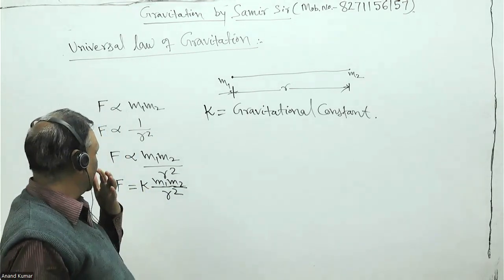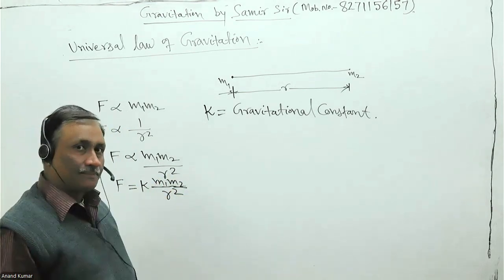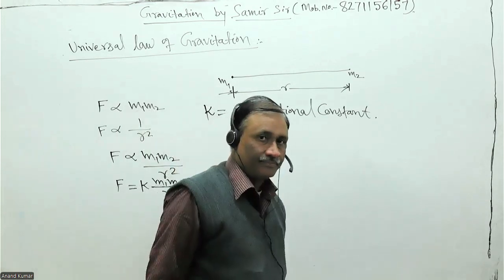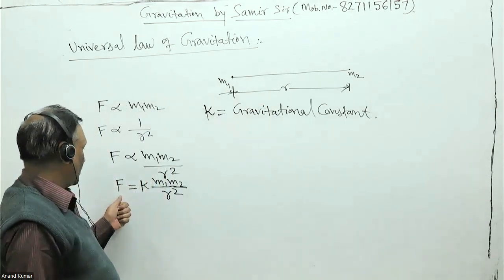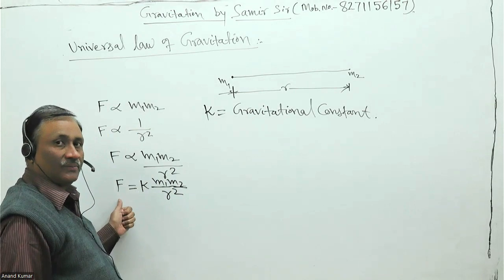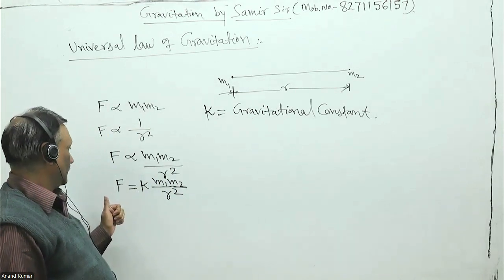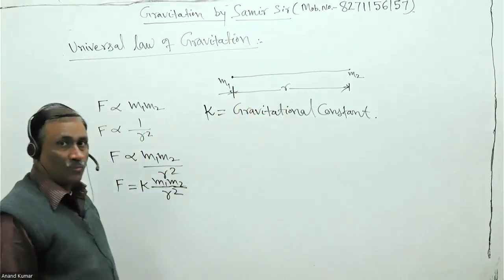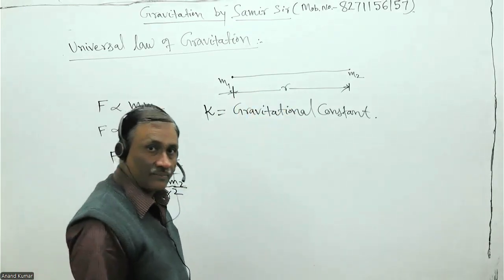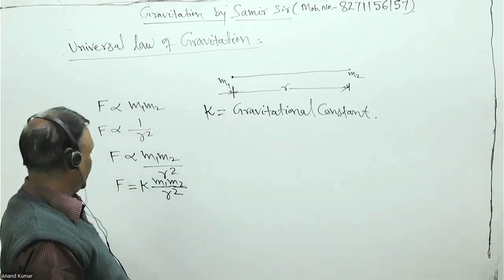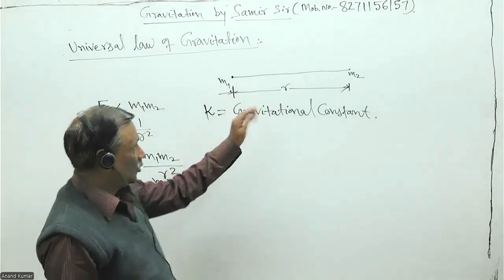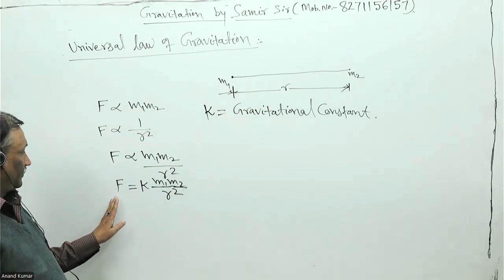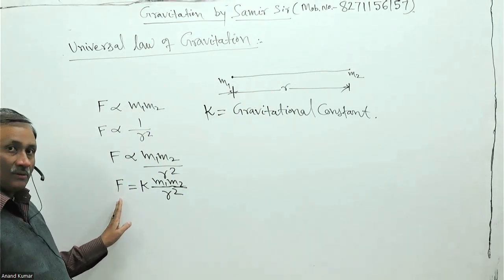The conclusion is that if the product of their masses is large, then the value of force between them is large. If the distance between the two bodies is more, then the value of force decreases.